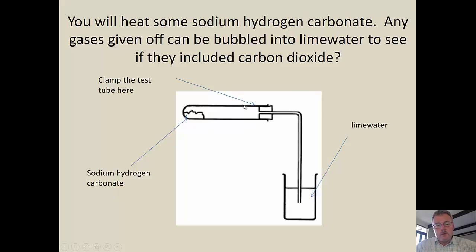The problem here, when you stop heating, the gases here will go back into a liquid form or a solid form, but you're going to create a vacuum here. So any water will come up and be sucked in. As it hits the hot test tube, it can cause cracking and possibly glass and explosion. So we need to be careful. We're getting pressure produced here too, so we need to take care of those sort of things.